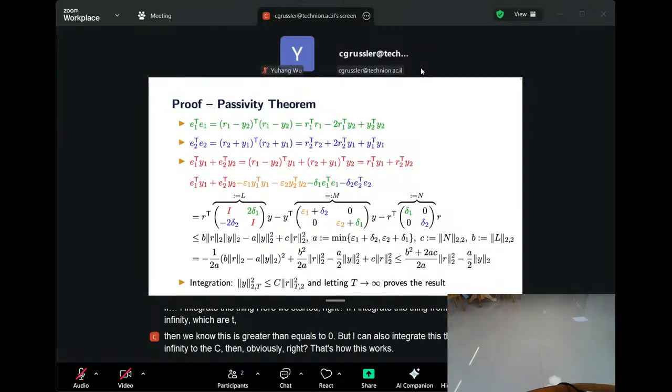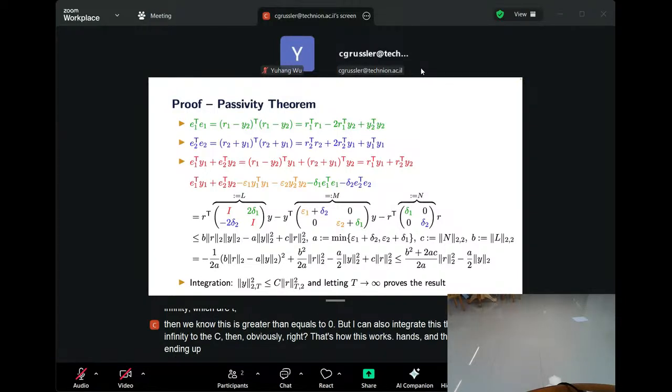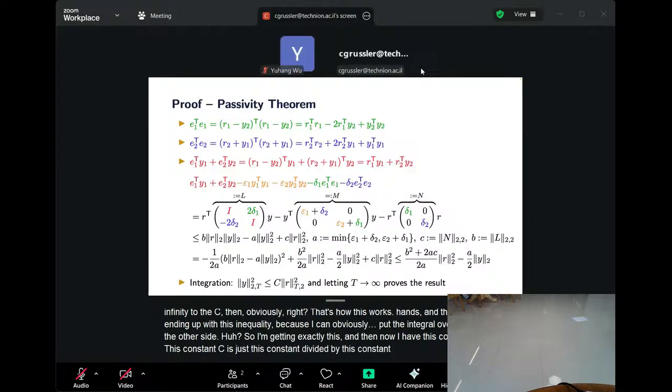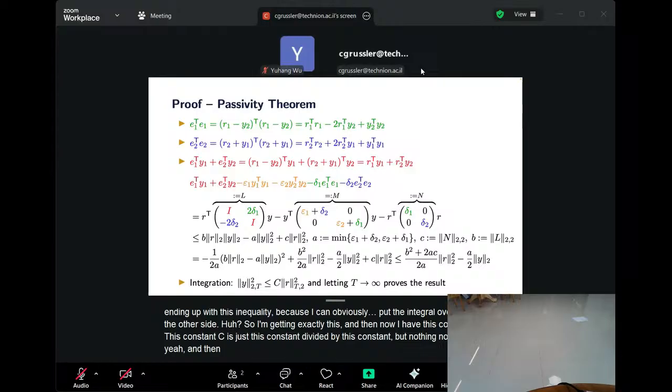And in the end, we're ending up with this inequality because I can obviously put the integral over this thing to the other side. So I'm getting exactly this, so then I have this constant c. This constant c is just this constant divided by this constant, right? No magic here. And then letting t go to infinity, it holds for all t, letting t go to infinity, we've proven our result.